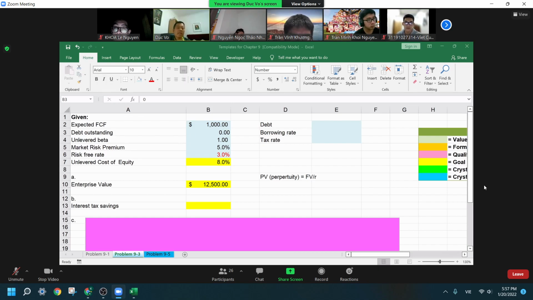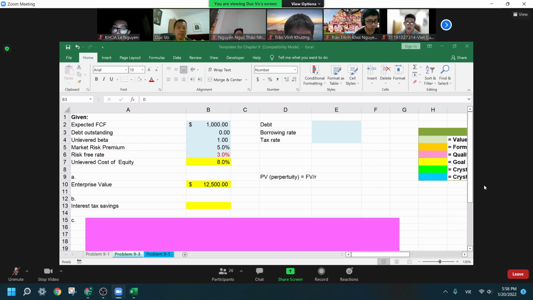So you go to B. They say, to illustrate the effect of debt financing on the value of the company, you assume that the firm now borrows 5,000. The interest rate is 4% and the tax rate is 20%.